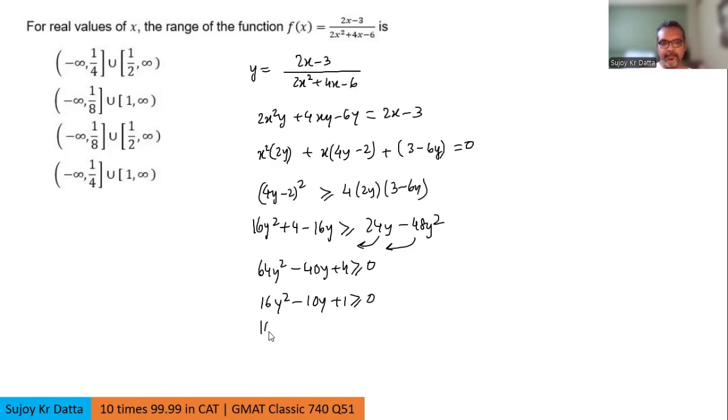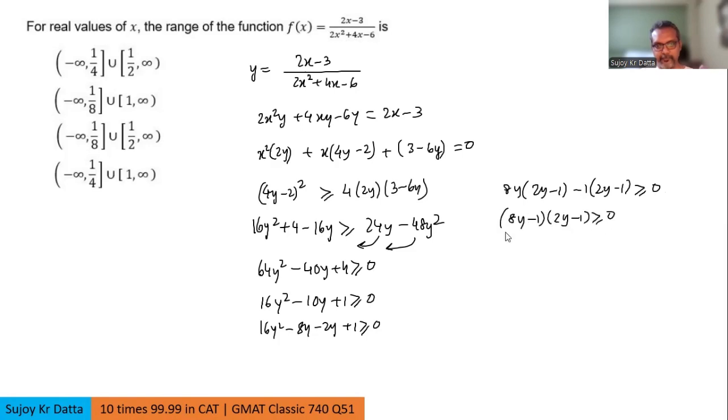Now factorizing, 16y squared minus 8y minus 2y plus 1. If I take out 8y common, we'll end up with 8y minus 1 times 2y minus 1. So the roots here would be 1 over 8 and 1 over 2. Right?